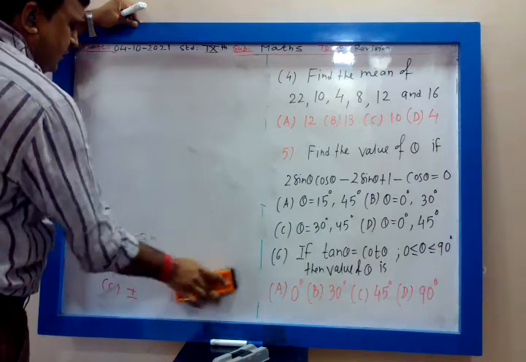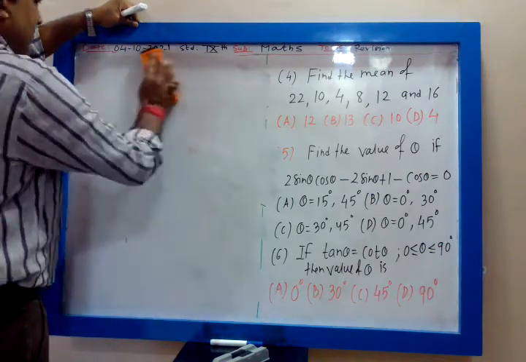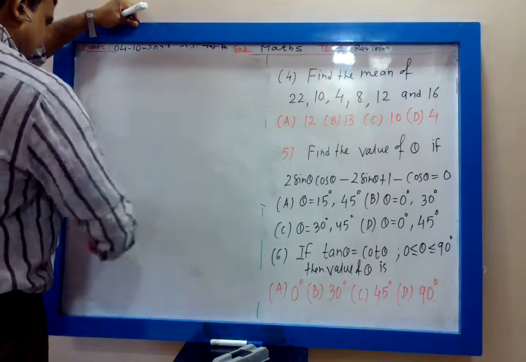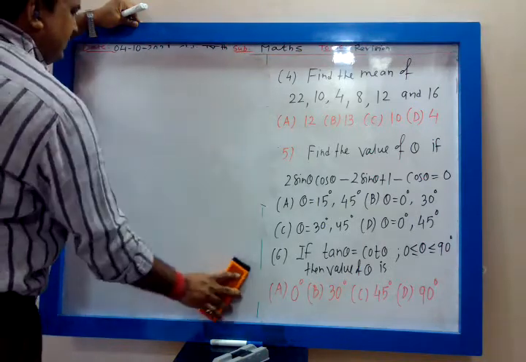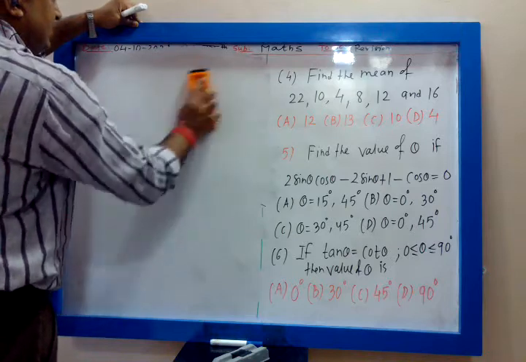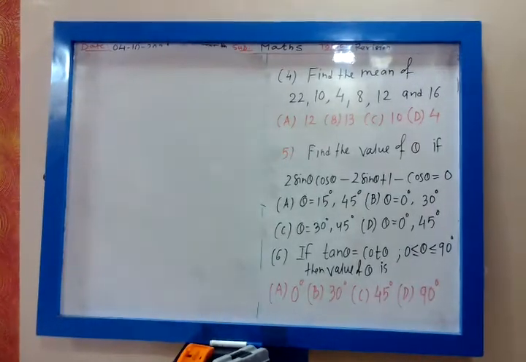Try to solve at least some problems in the revisions. Because you are going to appear for an 80 marks examination. And we want everybody to score good marks. That will be only possible when you participate actively in the revision.